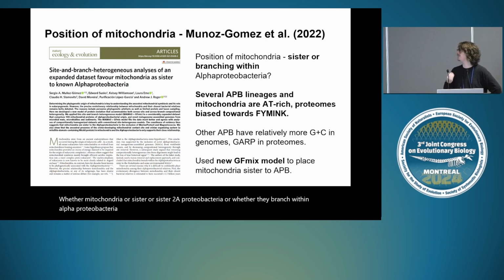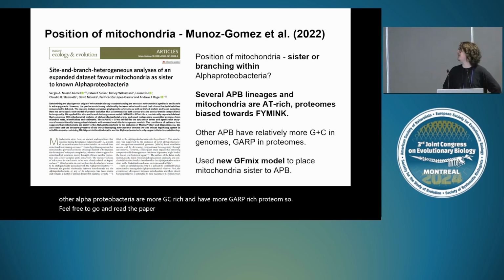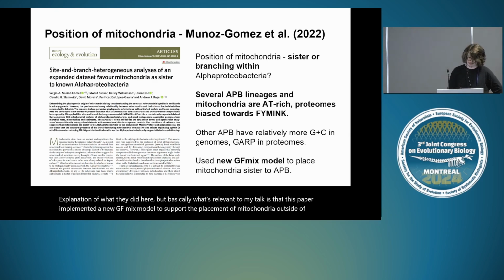And what complicates resolving this relationship is that both mitochondria and several lineages within alpha proteobacteria have undergone convergent genome reduction and thus have very AT-rich genomes and very thymic-rich proteomes, whereas other alpha proteobacteria are more GC-rich and have more GARP-rich proteomes. So feel free to go and read the paper to get a more detailed explanation of what they did here, but basically what's relevant to my talk is that this paper implemented a new GF-mix model to support the placement of mitochondria outside of the alpha proteobacteria.